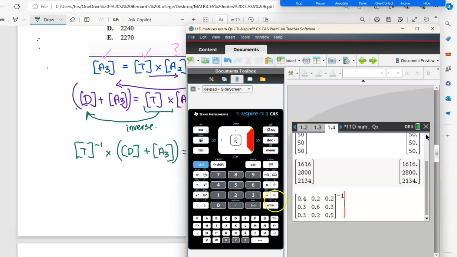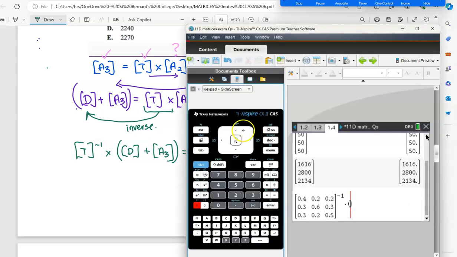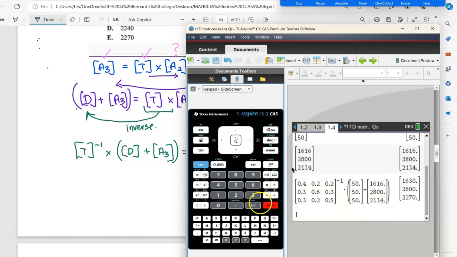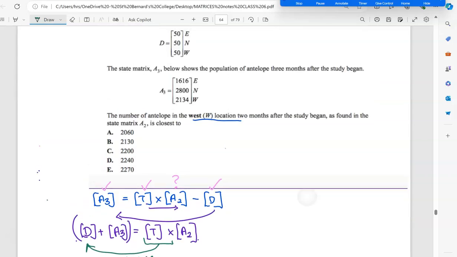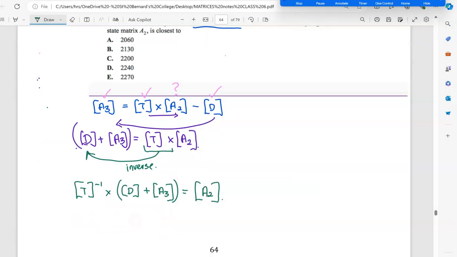Then I want to times it by, I'm going to open my brackets. I want to do D. What was D? The 50-50? Was it? Yeah. D was that one? Yes. And then plus is the 116, that's A3. Close the bracket and press enter. So let me double check that, yep. Okay, so we end up with 1630.